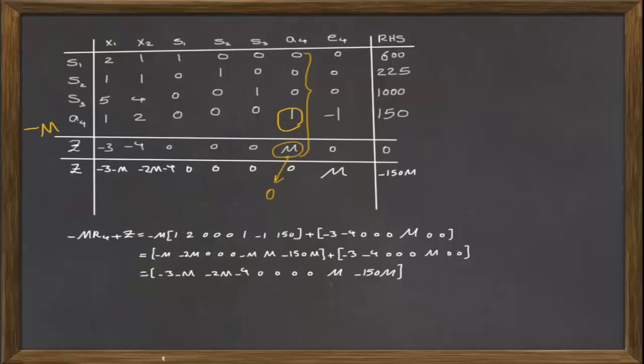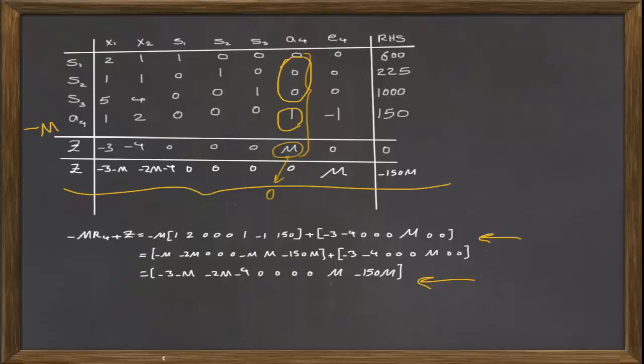Whereas if I use any of the other rows that we have, it doesn't change anything because the coefficients here are 0. So anything I multiply by these rows doesn't have any impact. So the only option that we have is the fourth row, and I use this row to manipulate the row of Z. Here you're able to see the new row of Z.